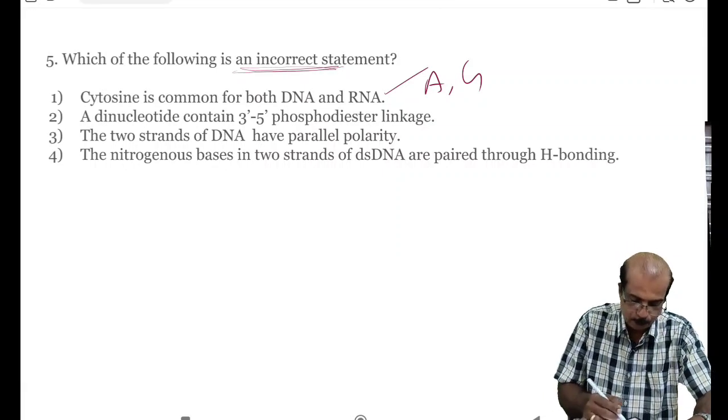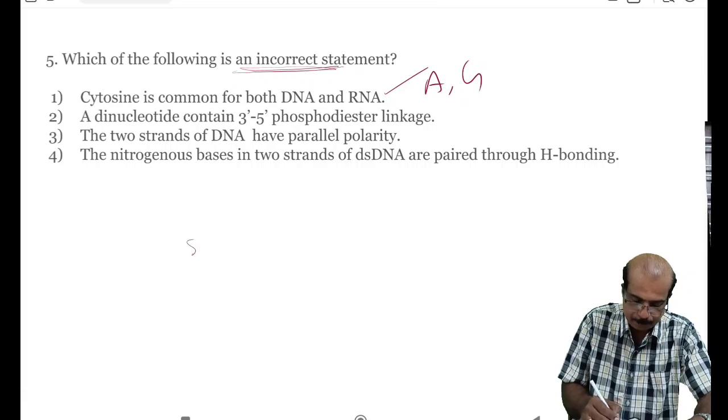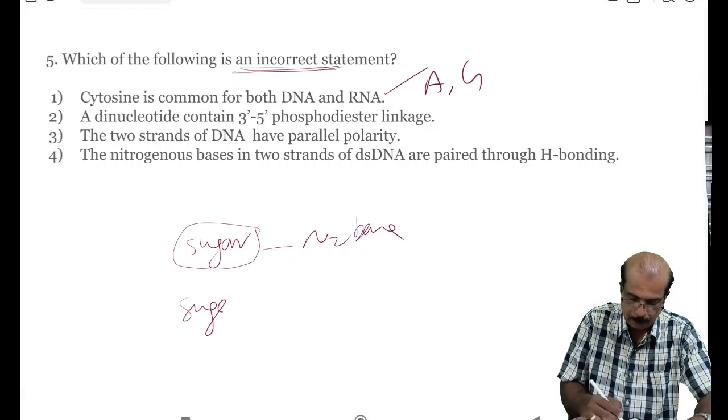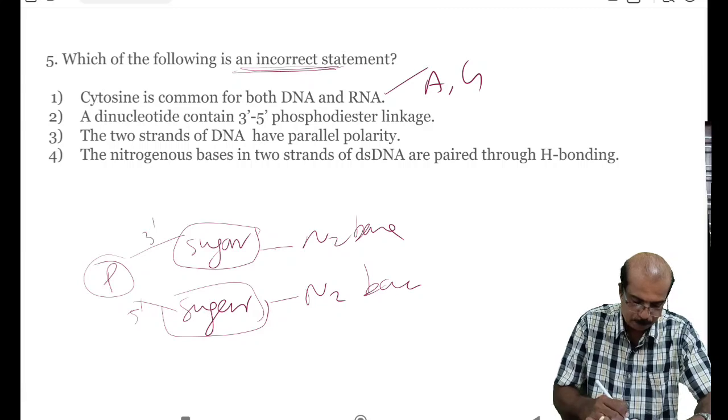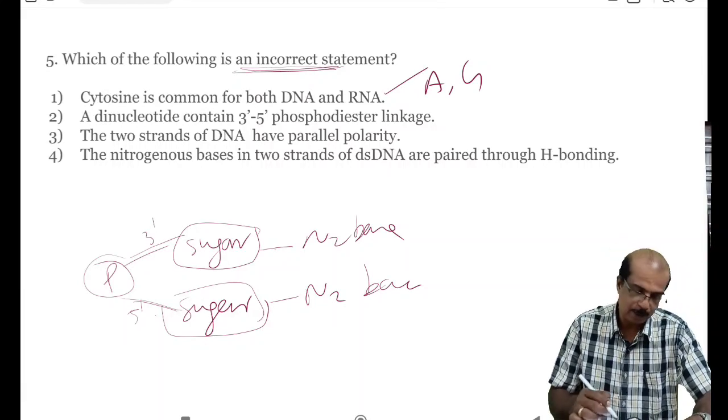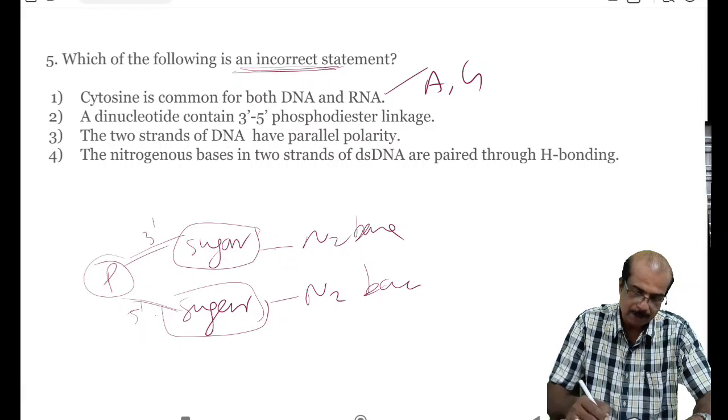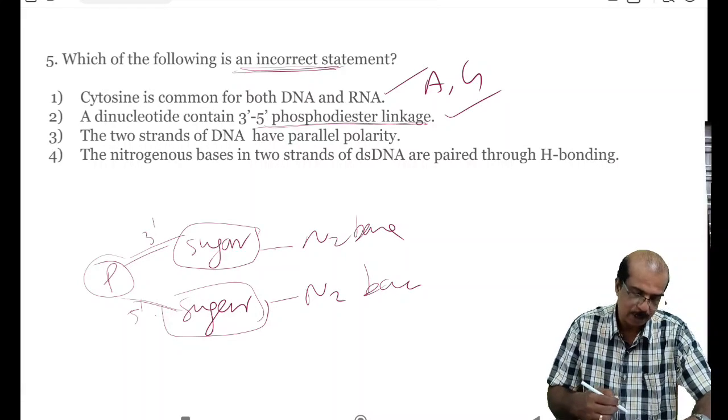A dinucleotide: sugar, nitrogen base, then sugar, nitrogen base. These 2 nucleosides are connected by phosphate group. Here 5', here 3', and here the phosphate group makes 2 ester bonds with these 2 nucleosides. So, the statement is also a correct one. A dinucleotide contains 3', 5' phosphodiester linkage.